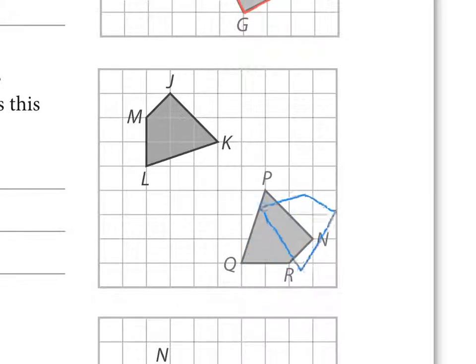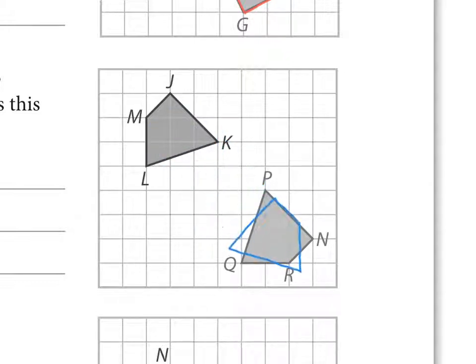Okay, so this would be a perfect opportunity for you to use your transparency. That's sort of what I'm trying to do here, is just trying to make it fit. And so let's try to flip this and see if I can get it. So there, I've flipped it sort of vertically, or I guess along a vertical line like the y-axis.